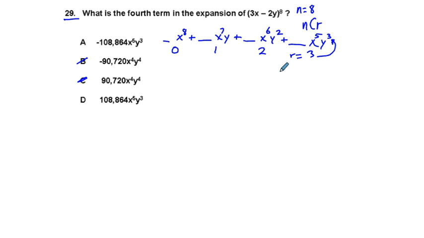Hope you can see that. So if we say 8 choose 3, we're going to get this number right here. And then we just have to replace this y with this negative 2y. So let's go do that in the calculator.